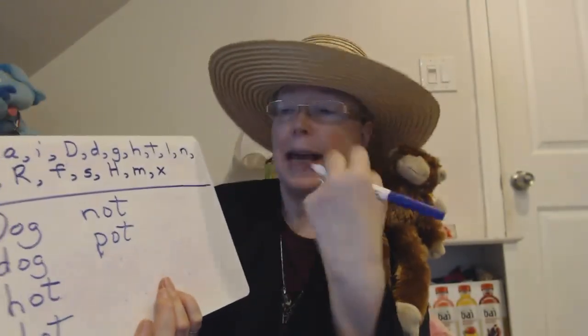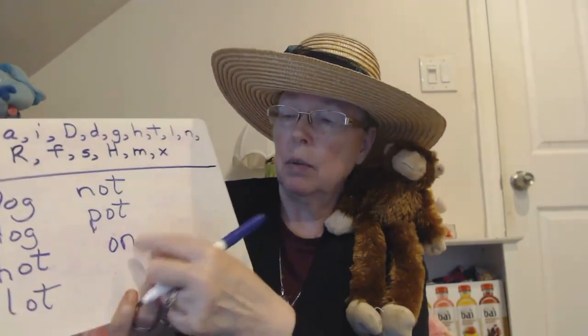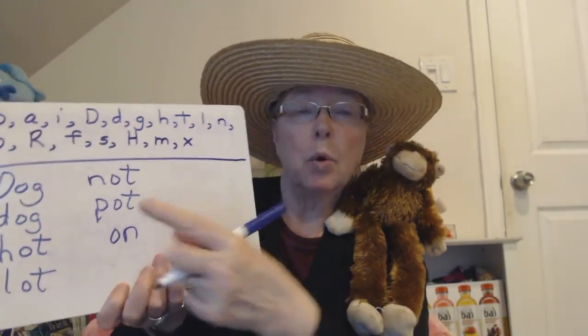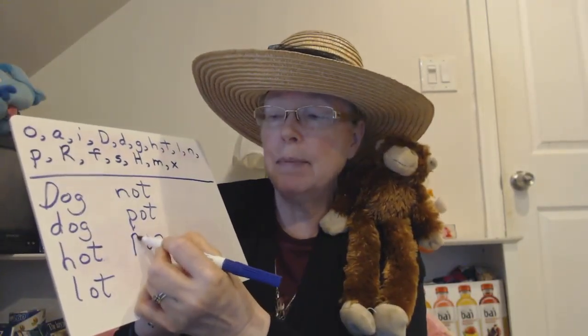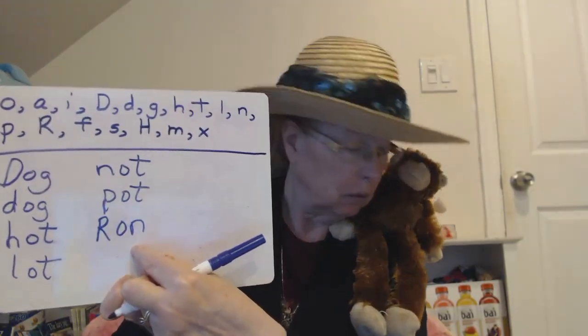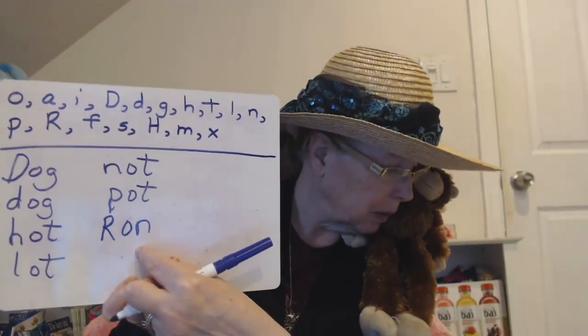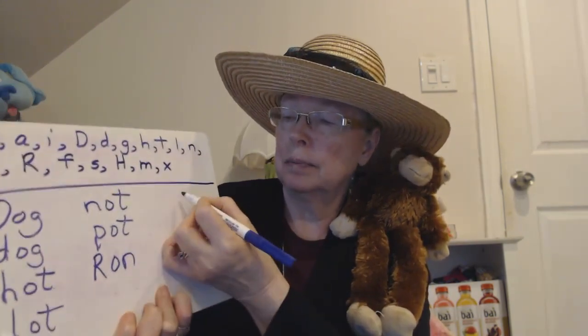All right, we're going to take an O with an N. We have on. We're going to add an uppercase or a capital R for a name that we're creating, and the name is Ron. All right, we're going to go back to on.